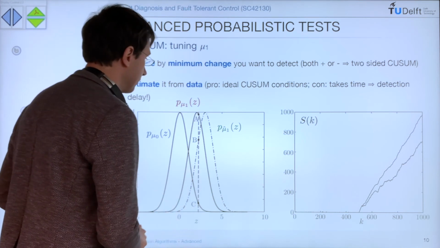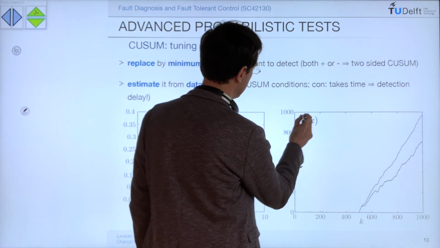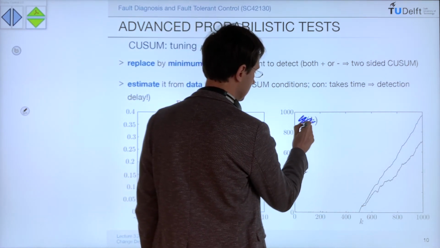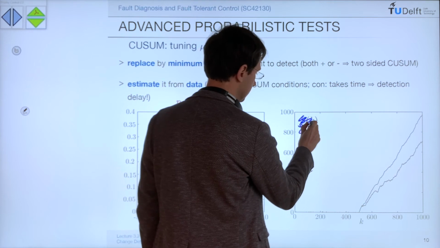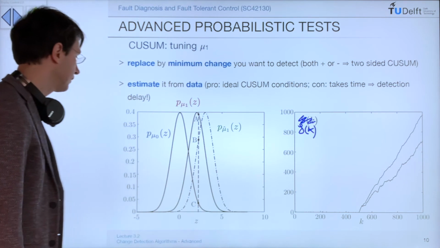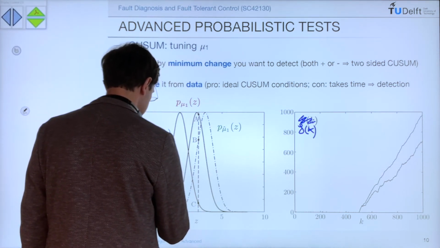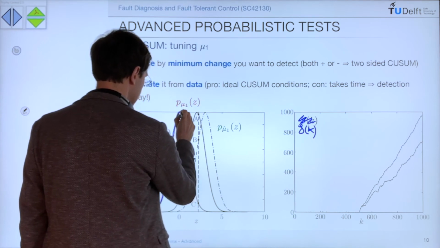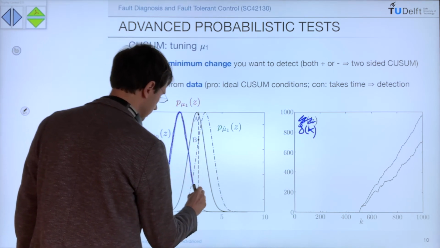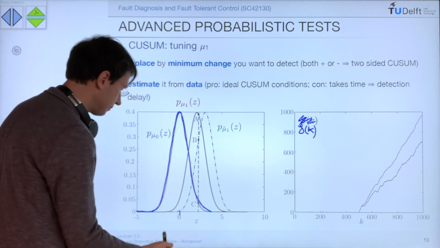So we have here, well, not S of k, sorry. This is G of k. Okay. We have G of k here. And then we have the nominal PDF, which is a Gaussian, which is centered around 0.